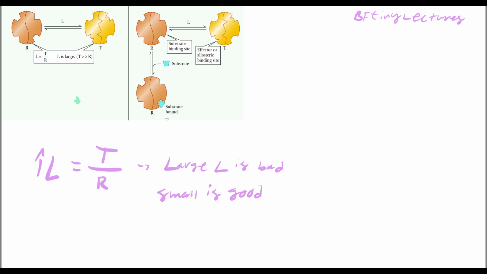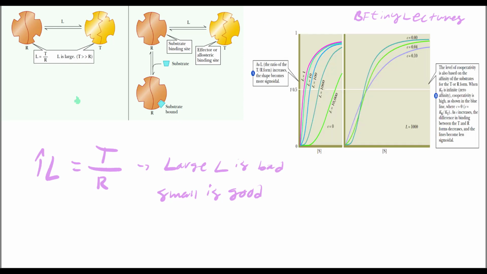But let's bring out a chart to really solidify the idea. Here is a chart for our values right there. So notice that this is going to be the L section and this is going to be the C section, right? If we have more T enzymes than we have R enzymes, the L value is going to be increased.